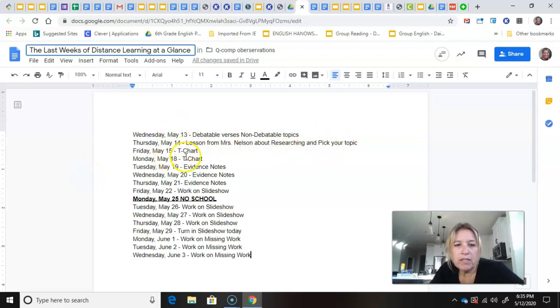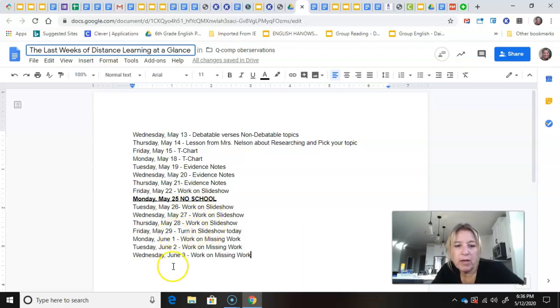Friday and Monday, you're going to work on a T-chart. Tuesday, Wednesday, Thursday, you're going to do some evidence notes that we created for you. And we created your slideshow, so you're not going to create one. You're going to use our template and fill it in. Work on that Friday, Tuesday, because there's no school Monday, and then Wednesday, Thursday, and then turn it in Friday, the 29th.